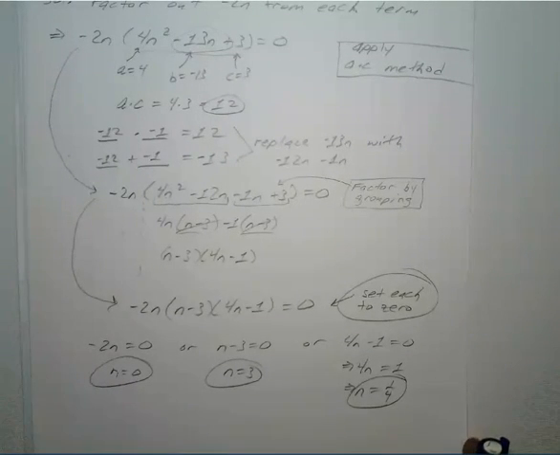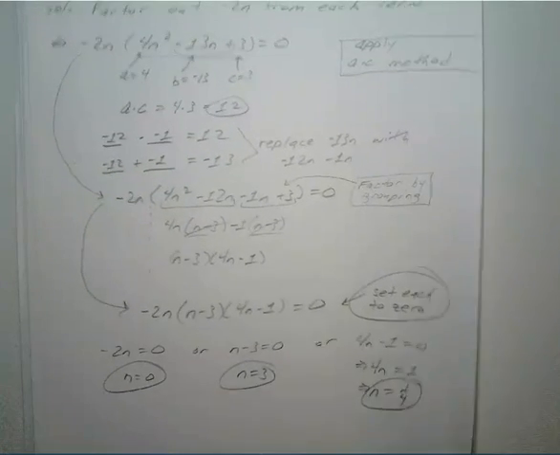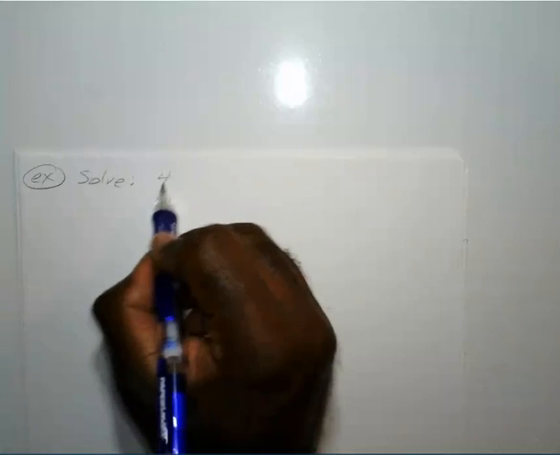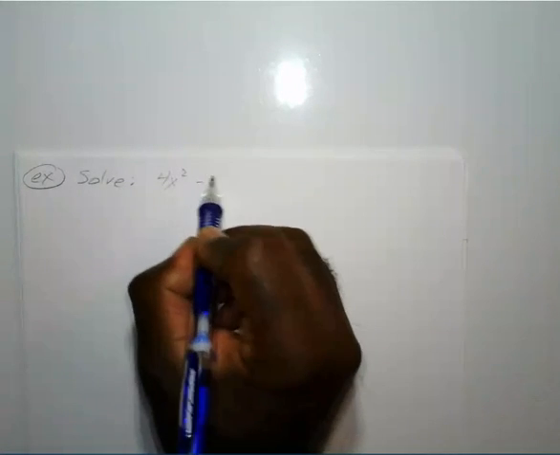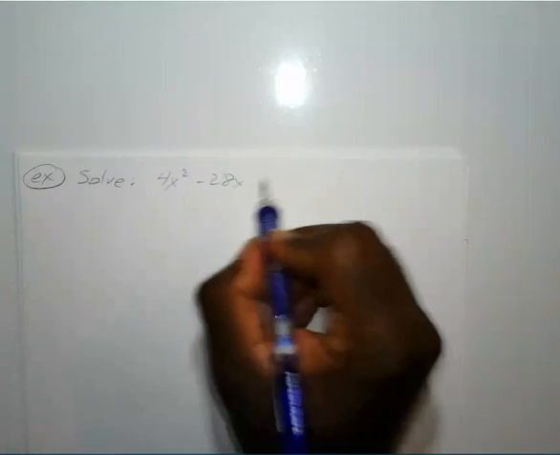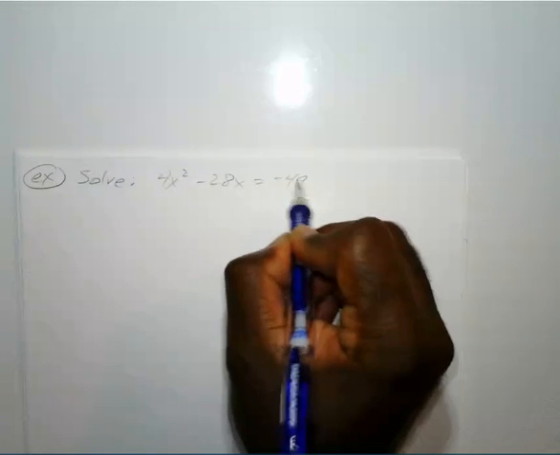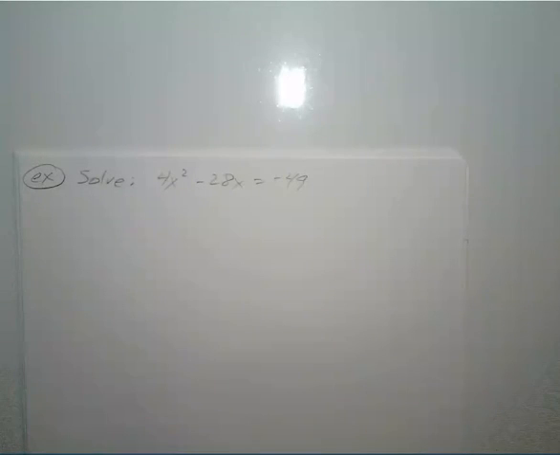Okay, so let's go to our next example. What if we wanted to solve 4x squared minus 28x equals negative 49?